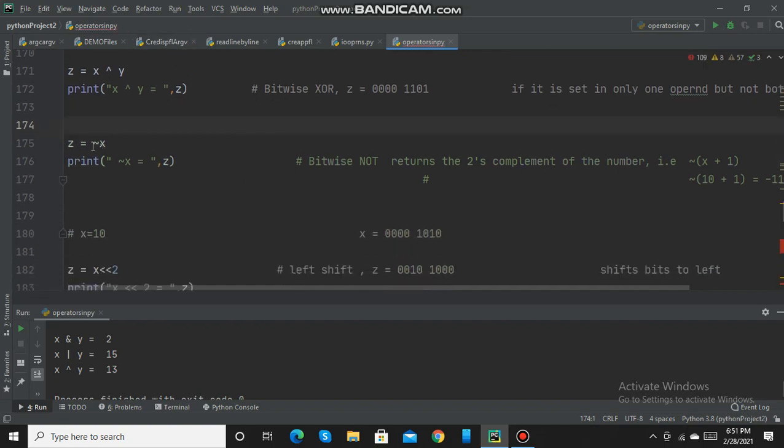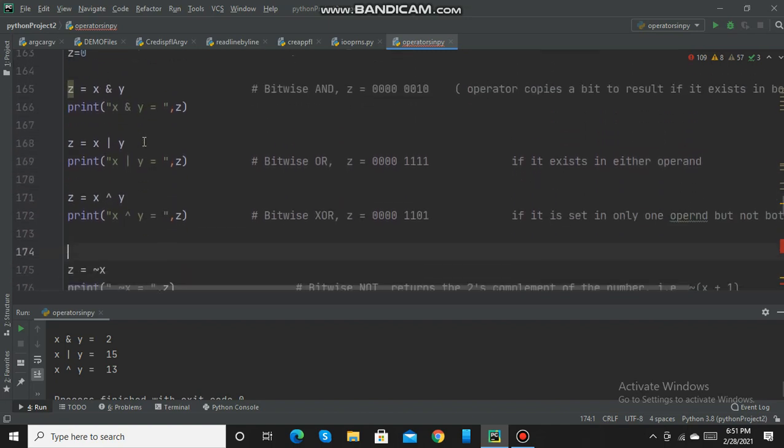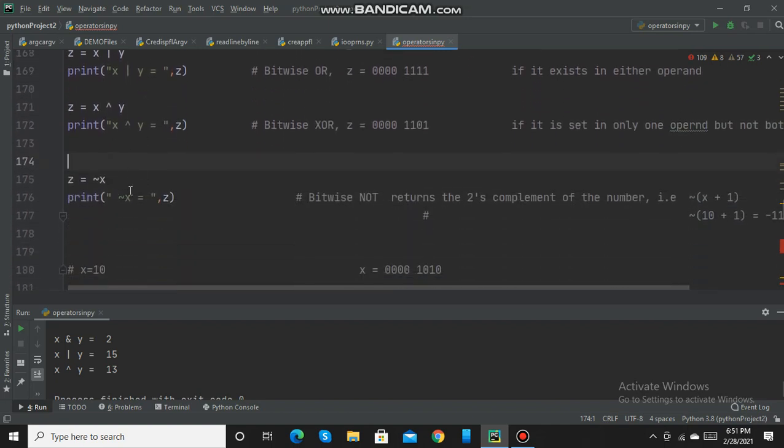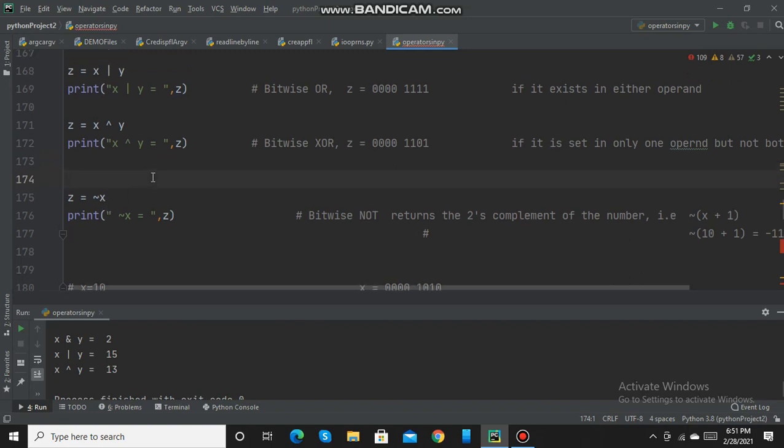Now this tilde operator is a negation operator. So Z is equal to tilde x means the value of x is now 10. So it will add 1 to the value, so it will become 11, and negate it. So it will be minus 11. That is the 2's complement of the number.